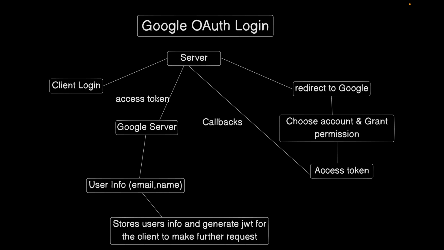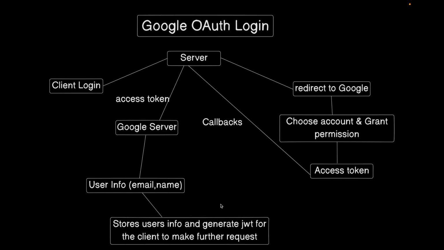With this access token, our server makes an authenticated request to Google's API to fetch the user profile information like email and name. Once we receive the user information, we store it in our database if it's a new user, or update existing details if needed. And finally, we generate the JWT token containing the user ID and send it back to the client.